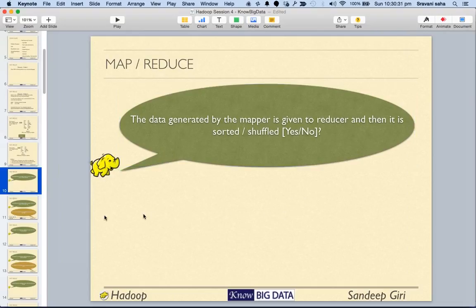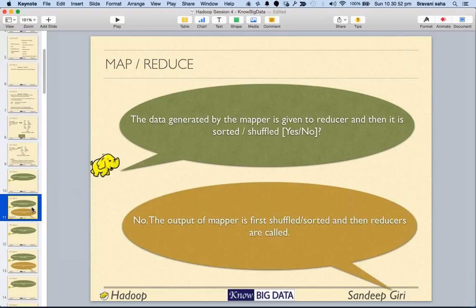Correct, that is correct, Vikas. Thank you. It is sorted in the map as well as while merging before the reducer, it is sorted again. It's a kind of a merge and sort together in the reducer. Great. So the output of the mapper is first shuffled and sorted, and then the reducers are called.